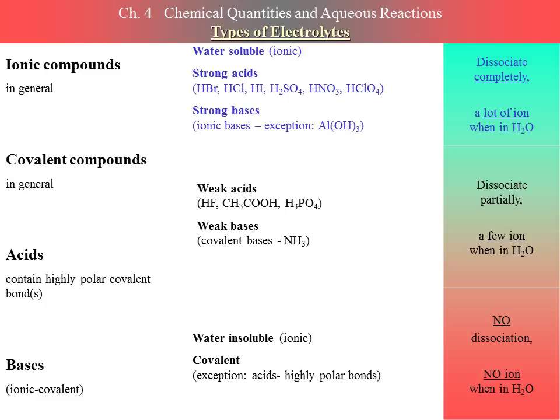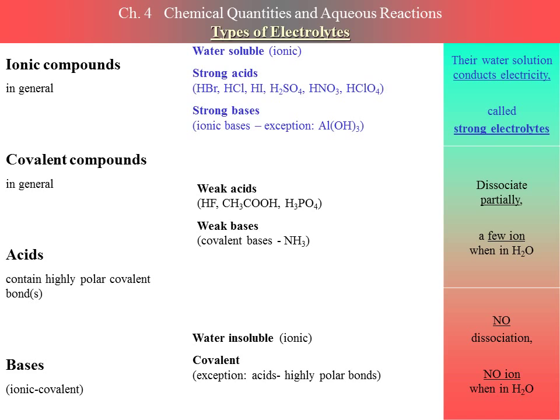So let's focus on the column here at the right. The compounds that dissociate completely in water provide a lot of ions, so they conduct electricity because they provide charge carriers.